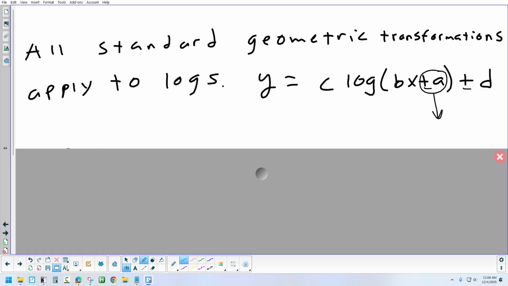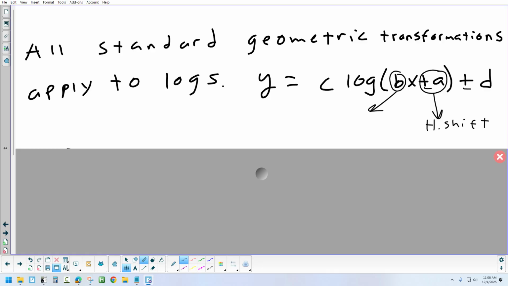Horizontal shift. Is that plus or minus? And if you add, which way would that shift the graph? To the left, and if you subtract, to the right. So remember, horizontal is always backwards. Okay, so that's what A does.